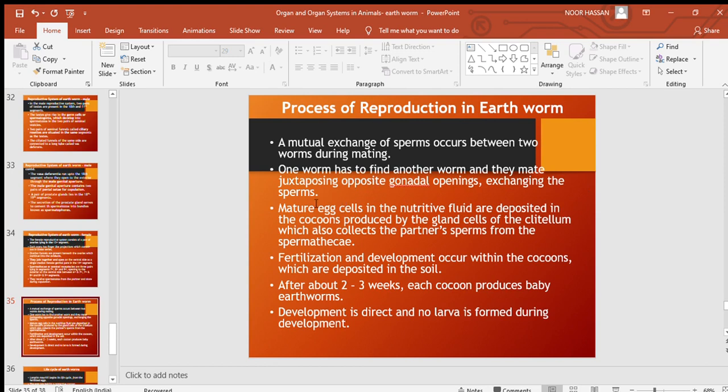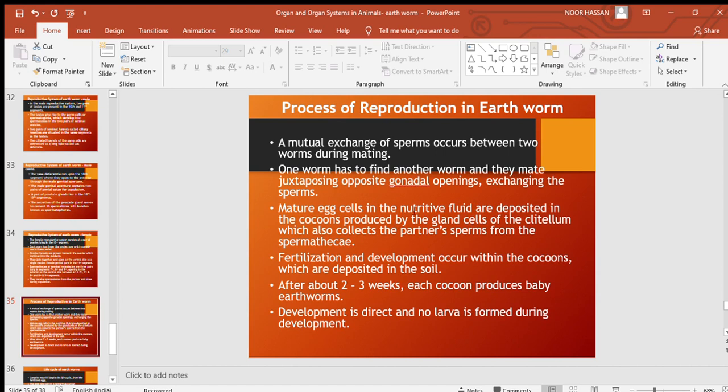Mature egg cells in the nutritive fluid are deposited in the cocoons. Sperms are collected in the spermathecae, and egg cells will be present in the cocoons in the clitellum region. In the clitellum, cocoons are formed, and there is a nutritive fluid present in the cocoon in which egg cells are deposited.